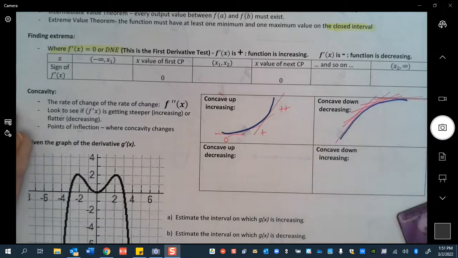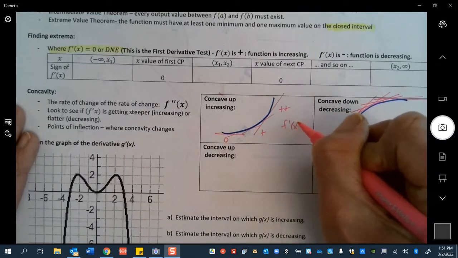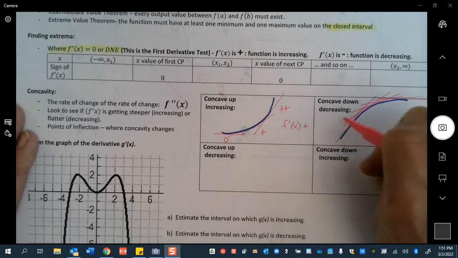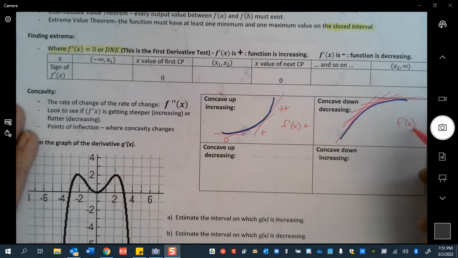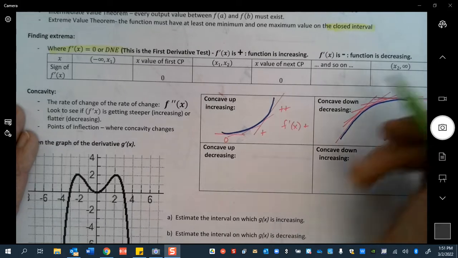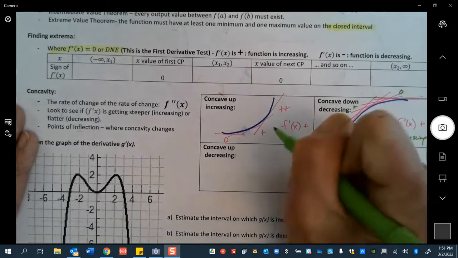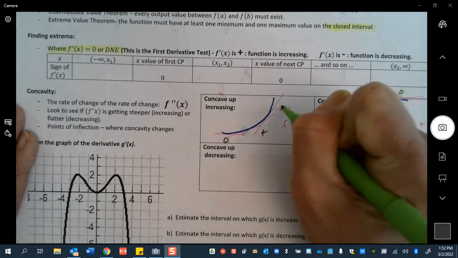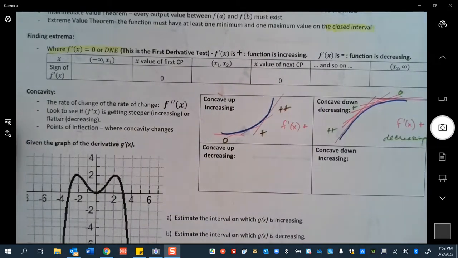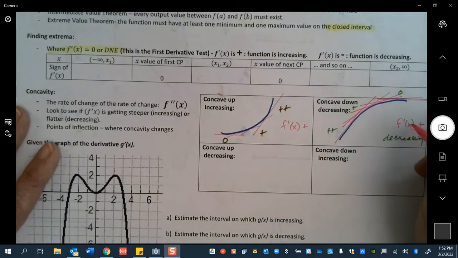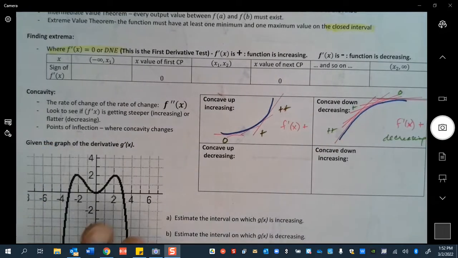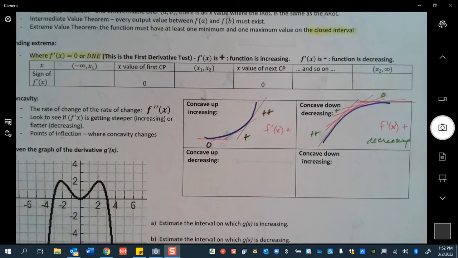So even though my derivative value is positive and my derivative value here is positive, I'm actually decreasing because I'm going from super positive to 0. I'm getting smaller. So think about not just the value of your derivative, but how is it changing?